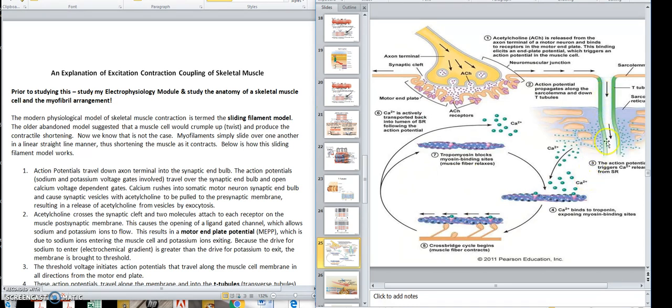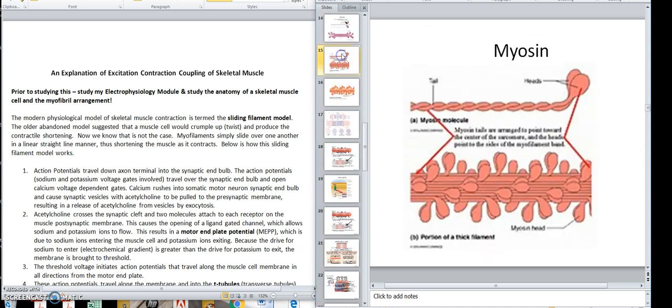Now the action potentials, when it comes to myosin, cause the ATPase on the myosin head to split. When that occurs, the energy cocks the hammer back of those myosin heads, flips it back. Then when the heads are cocked back, you also open up the actin binding site on the myosin head.